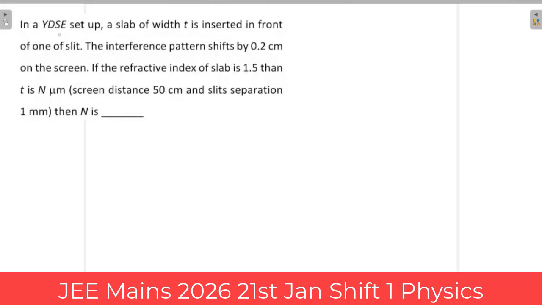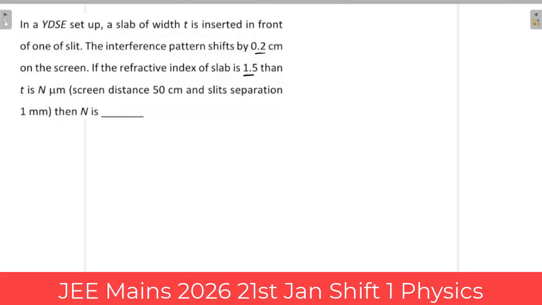In a Young's double slit experiment setup, a slab of width T is inserted in front of one slit, and the interference pattern shifts by 0.2 centimeter on the screen. If the refractive index of the slab is 1.5, then T is N micrometer.